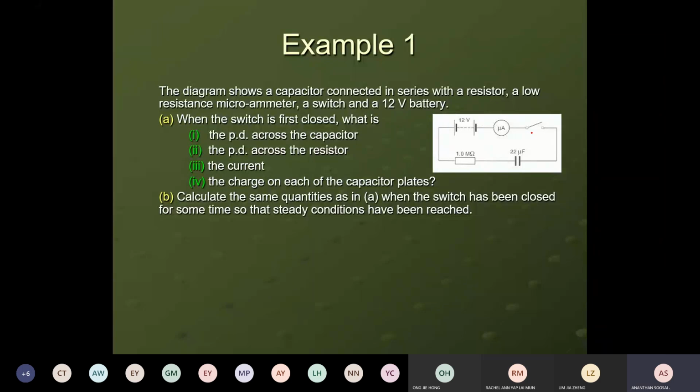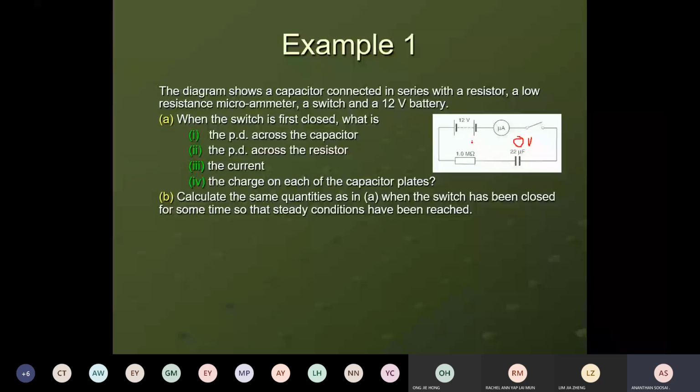Now, anyone? First, 12 volt is connected to the resistor and capacitor. Use Kirchhoff's second law. Kirchhoff's second law says the total EMF of the circuit, which is 12 volt, equals the total potential drop across the components. Here the capacitor hasn't charged yet, so how much voltage does it use? 0 volt.